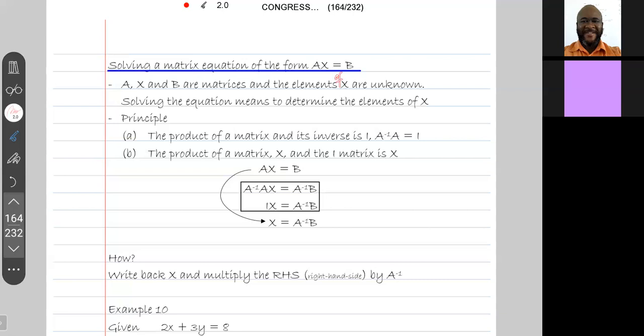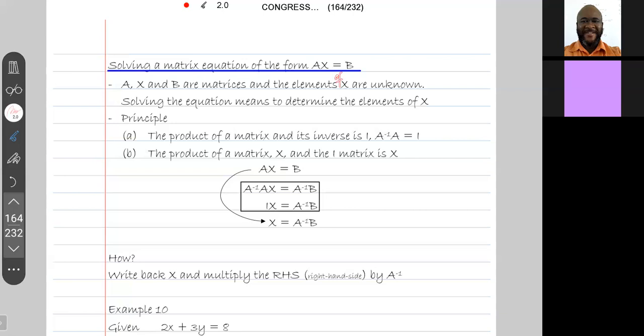Now, the product of a matrix and its inverse is the I matrix. So if I multiply the matrix A by A inverse, I'm going to get the I matrix.